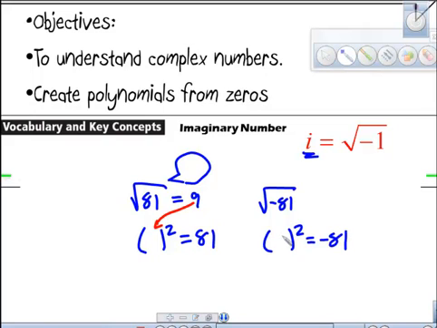There's no real number that exists that can make this true. Unless it was an imaginary number, like an imaginary 9, right? So that's what we would say. The square root of -81 would be 9i. Okay, so see if you guys could do this. What's the square root of -25? Good, 5i. Pretty simple, right?